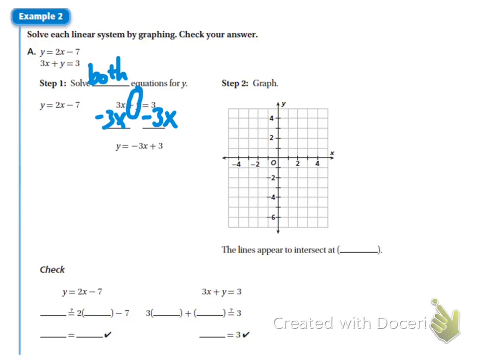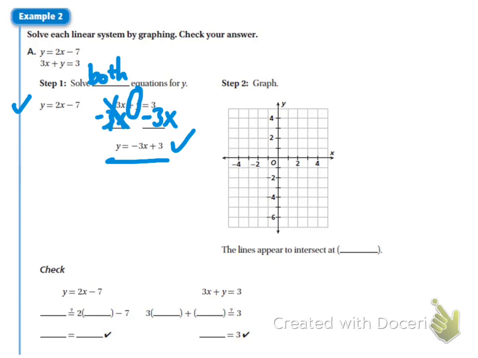So I subtract 3x from one side. Whatever I do to one side, I do to the other, so minus 3x from the other side. So my equation now reads y equals negative 3x plus 3. So I'm done. Both my equations are in y equals mx plus b form. So now I can graph.